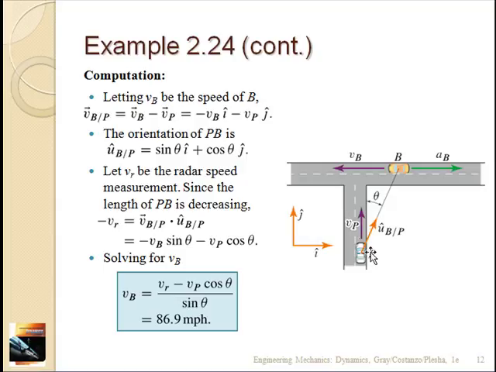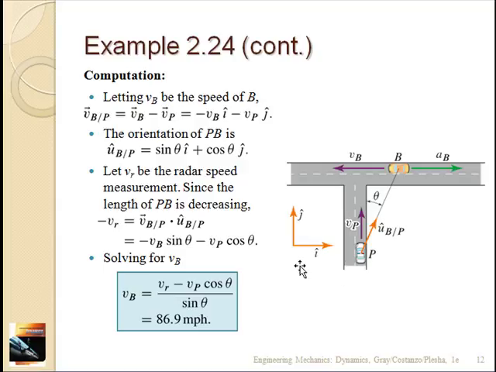The orientation of this line is the unit vector along that line connecting the two cars, and it's just sine theta I plus cosine theta J. If we let VR be the radar speed measurement, then since PB is decreasing, that is the two cars are getting closer together, minus VR is the velocity of B relative to P dotted with the unit vector between the two.